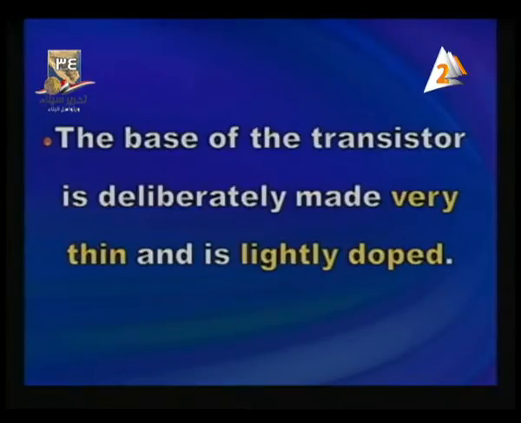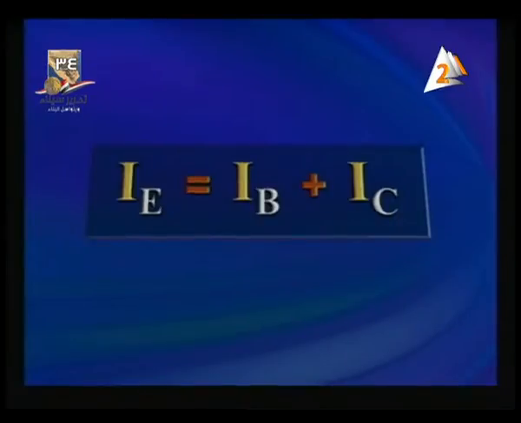It is very thin and lightly doped. Okay, in general, emitter current is equal to base current plus the collector current. IE equals IB plus IC.